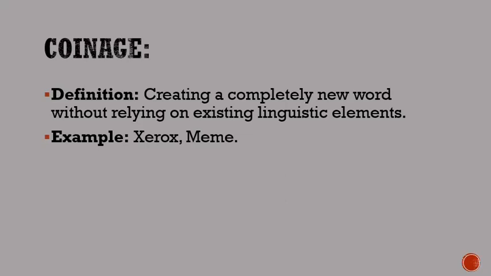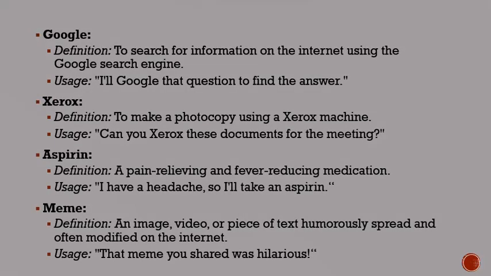And now, what is coinage? Coinage is creating a completely new word without relying on existing linguistic elements. That is, without any reliance on existing linguistic elements, we are creating a new word. For example, Xerox, meme, all these are examples. Now we'll see the same word, Google, that is, to search for information on the internet using the Google search engine.